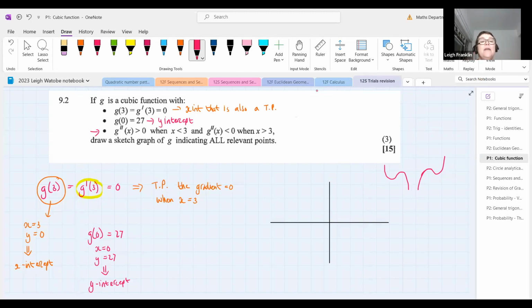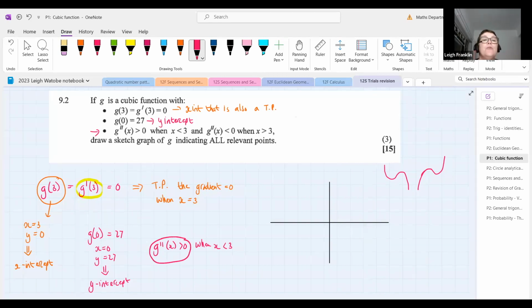So now they tell us when g double prime x is greater than 0, when x is smaller than 3. So what does g double prime greater than 0 mean?